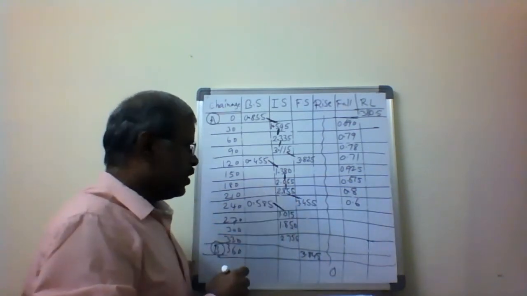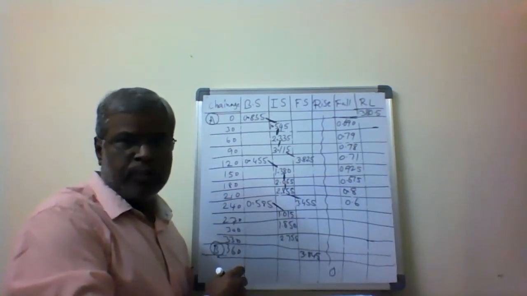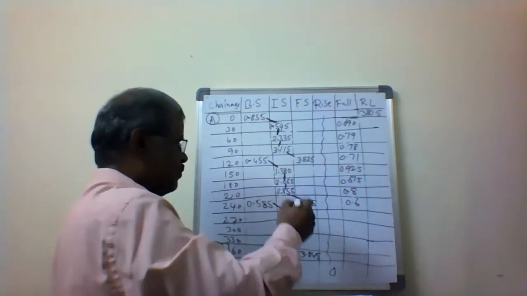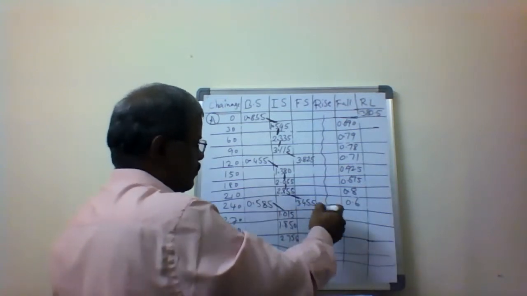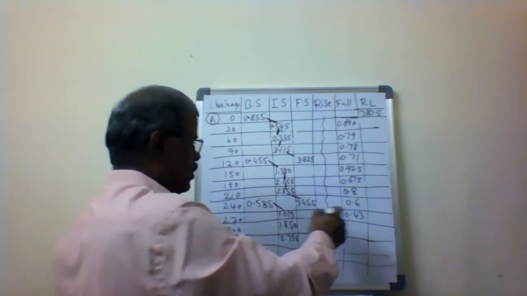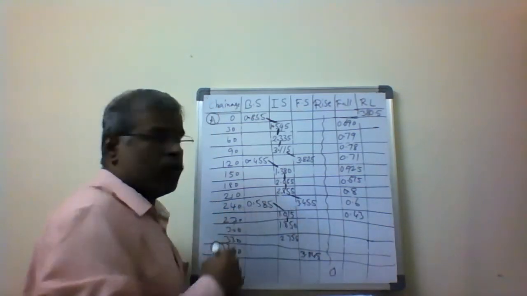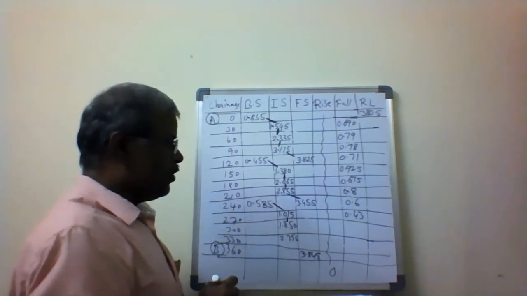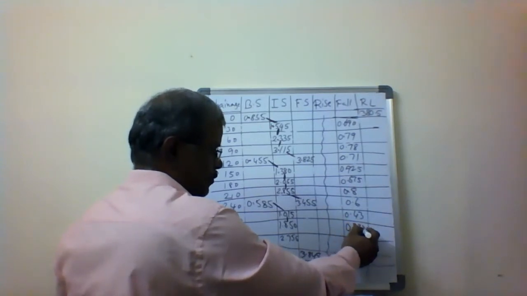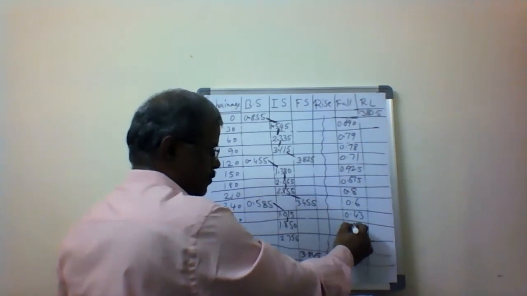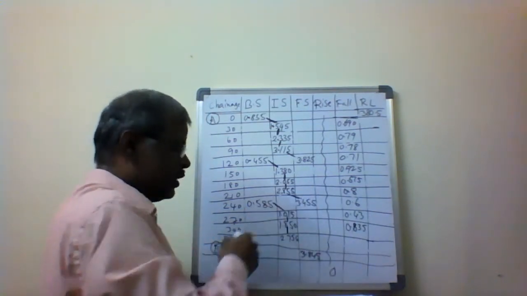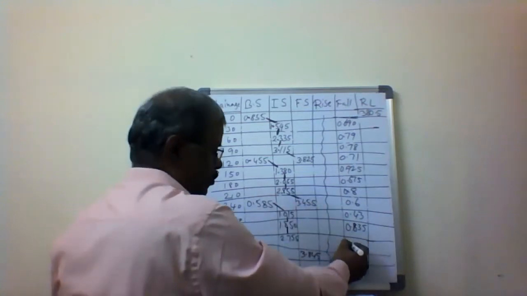Then comparing 0.585 and 1.015, this also comes under the fall, 0.43. Comparing 1.015 and 1.850, all comes under the fall, 0.835. Then comparing 1.850 and 2.755 is 0.905.